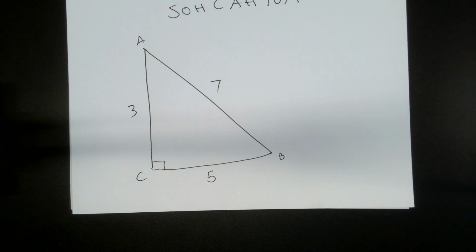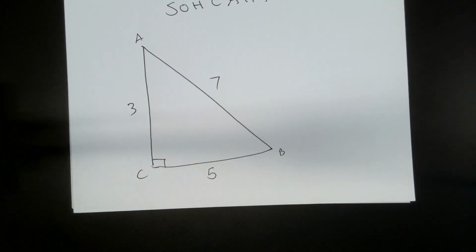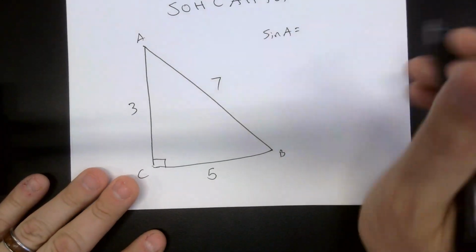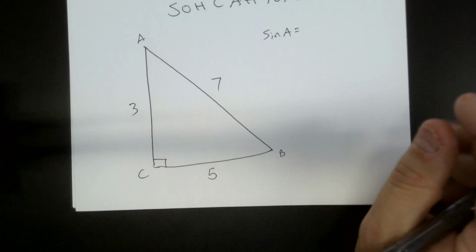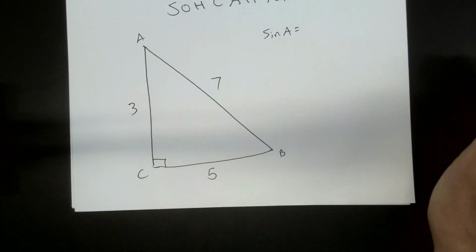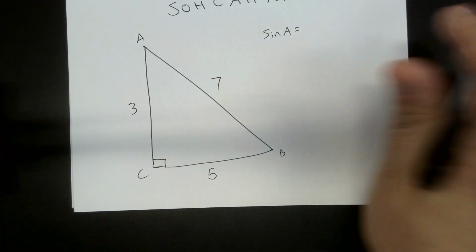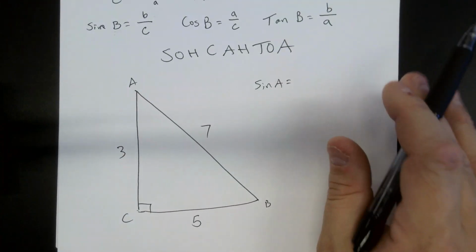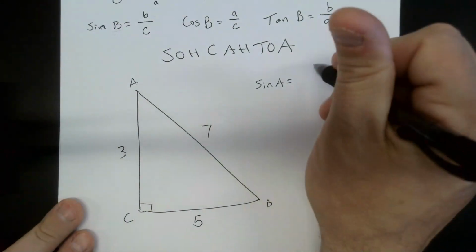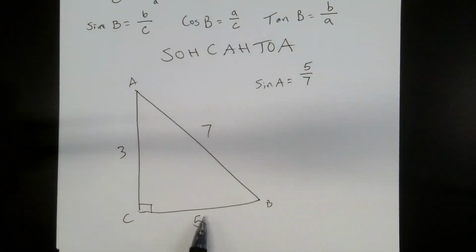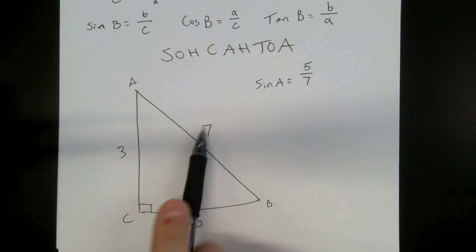Now we're going to start getting into the world of numbers. So if we have sine of A, what does sine of A equal? Someone raise their hand and tell me. 5 over 7. Perfect. Opposite over hypotenuse.